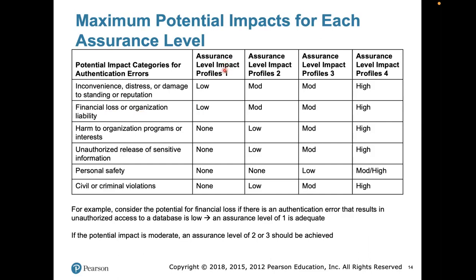If I'm using assurance level 1, the financial loss of that system or organization should be at most low, shouldn't be more than low. If the financial loss is moderate, I should go to assurance level 2 at minimum in order to fulfill that requirement.